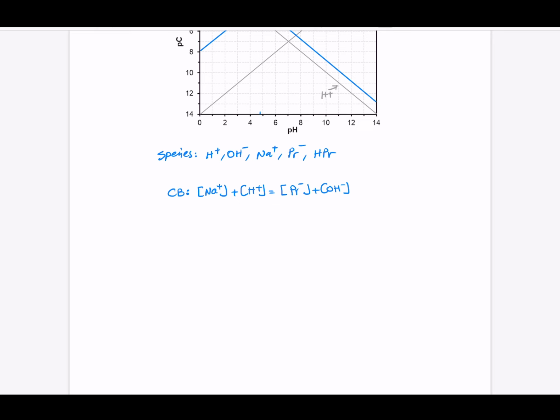So what we have here is that the left-hand side, this time, is a combination of two lines: sodium plus hydrogen, and the right-hand side is equal to Pr minus plus OH minus.